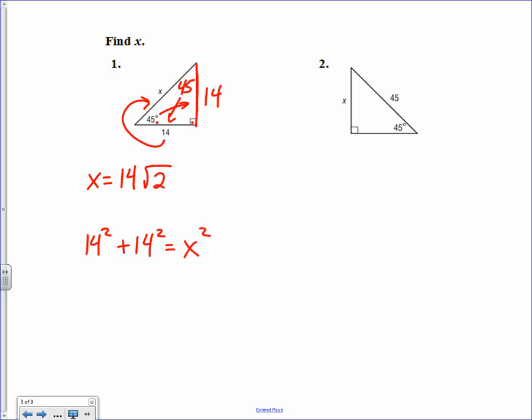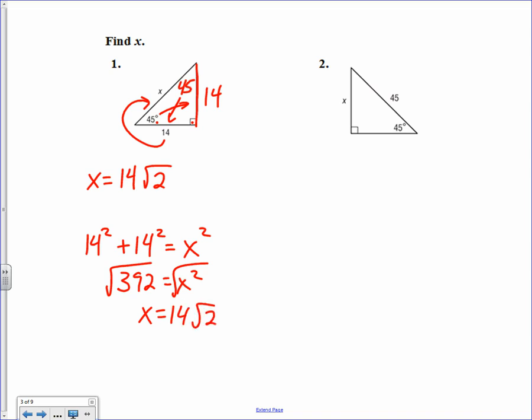That would be 14 squared plus 14 squared, which is 392. And if you take the square root and simplify both sides, you get x is 14 root 2.